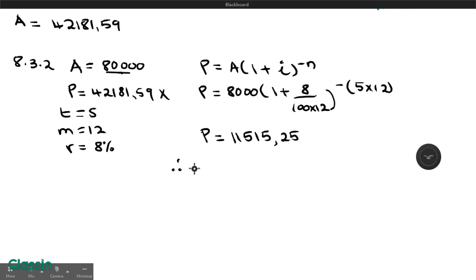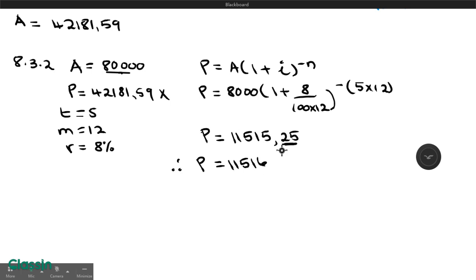But because they said rounded to the nearest rand, it means that we will write P as 11,516, because we cannot ignore this 0.25, or this man would have less.